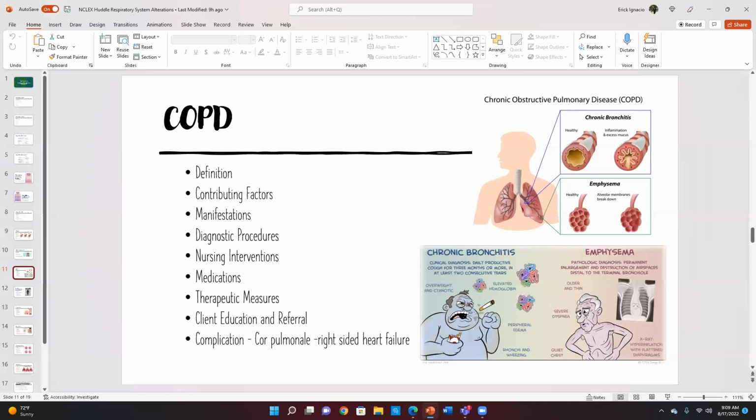Okay, let's talk about now the manifestations and contributing factors for your emphysema patient. Now, emphysema is destruction of the alveoli, the narrowing of the bronchioles, and trapping of air, and this is resulting in a loss of lung elasticity. The diaphragm can also be flattened.